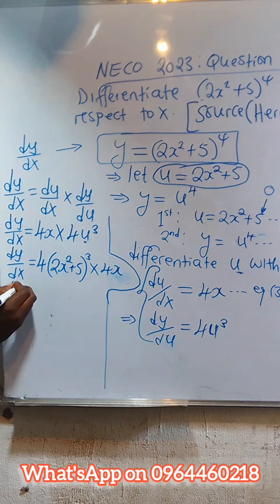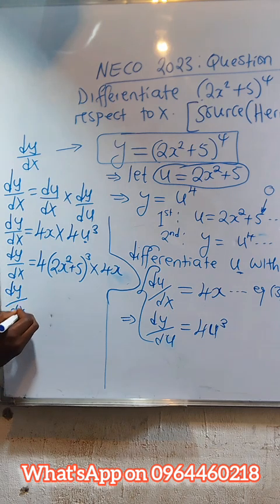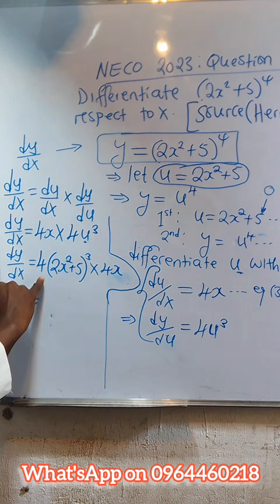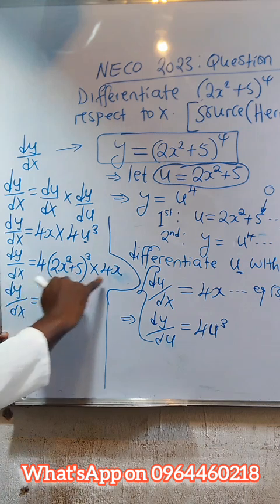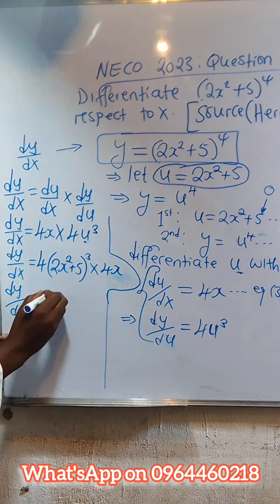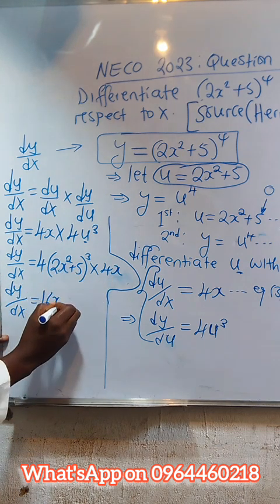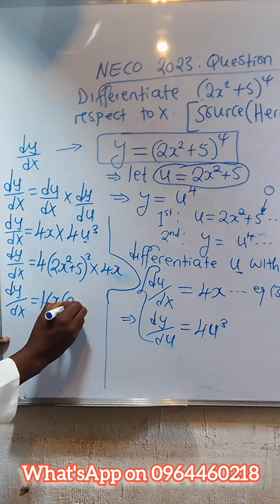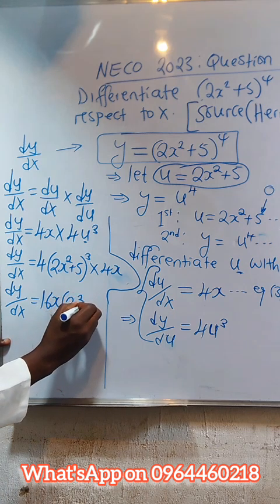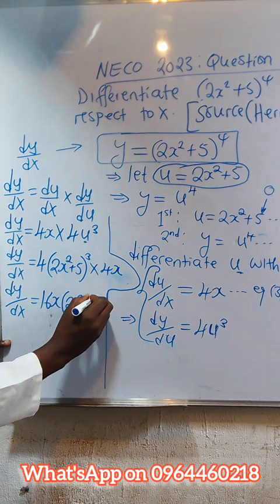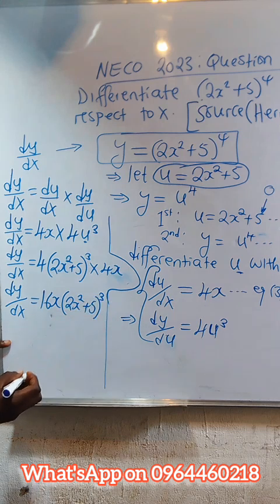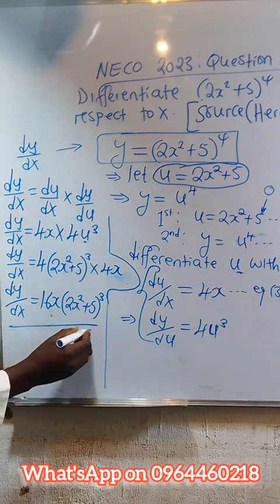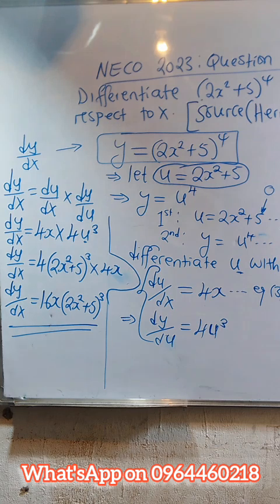So dy/dx equals 4 multiplied by 4x, which is 16x, open bracket, 2x^2 + 5, to the power 3. And this is now the final answer.